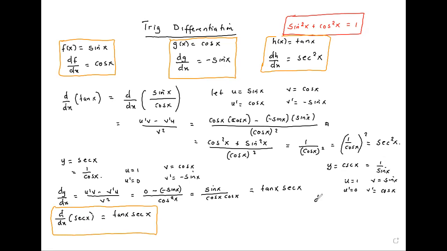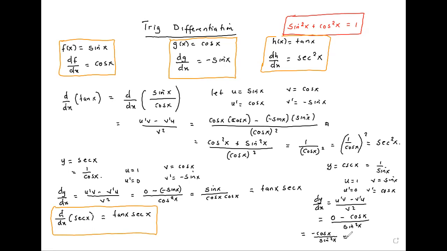So dy/dx is u prime v minus v prime u over v squared. u prime is 0, so we have 0 minus v prime, which is cos x, times u, which is 1, over v squared, that is sine squared x. This is equal to negative cos x over sine squared x.